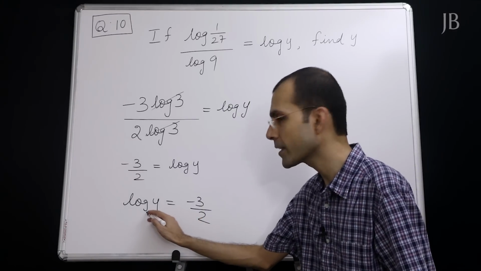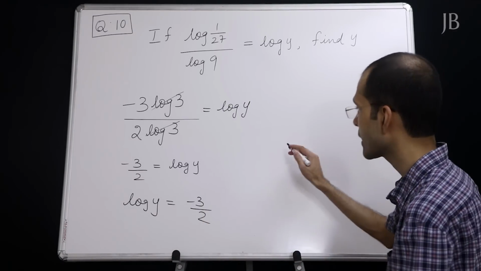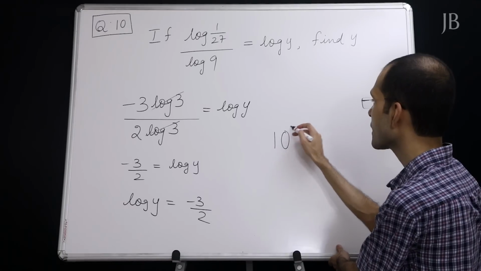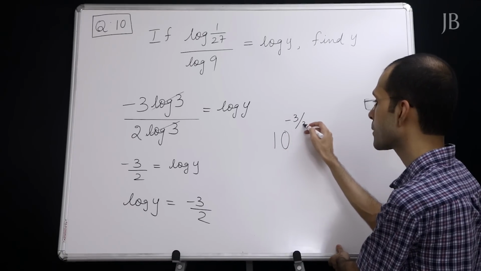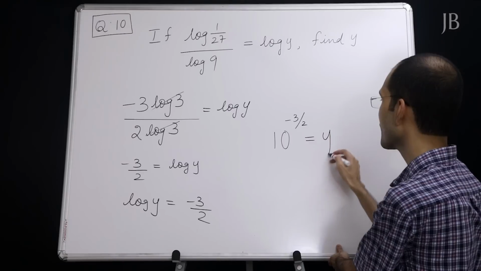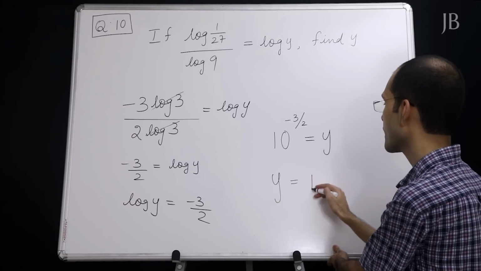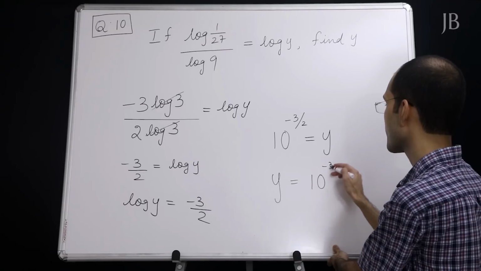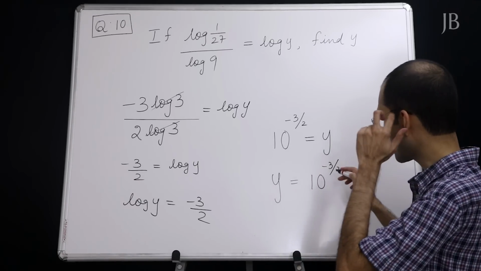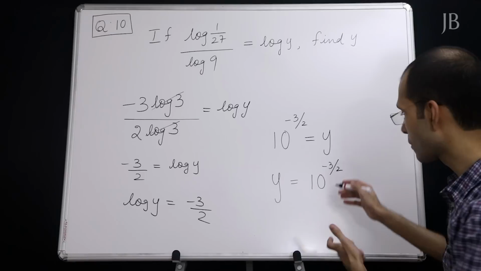Now the base is what here? 10. Base is not given, so it's 10. So it will be 10 raised to minus 3 by 2 is equal to y, or y is equal to 10 raised to minus 3 by 2. Now this power is negative, so it doesn't look good.